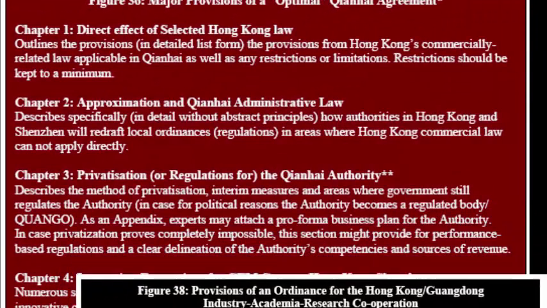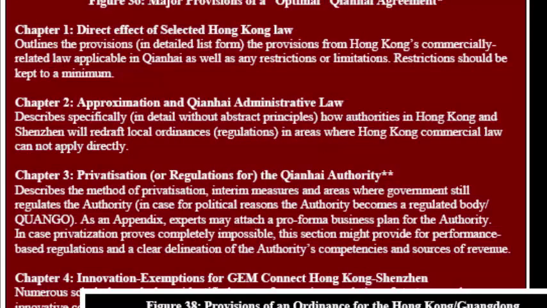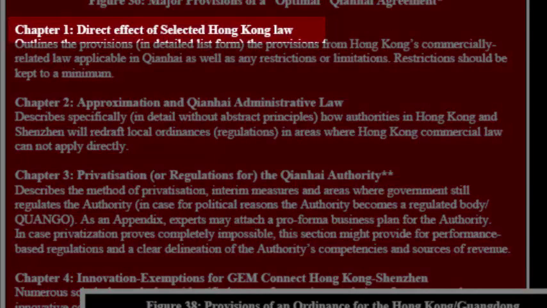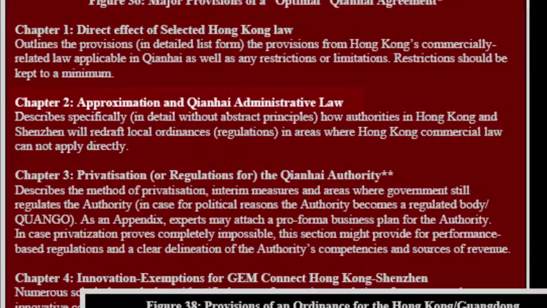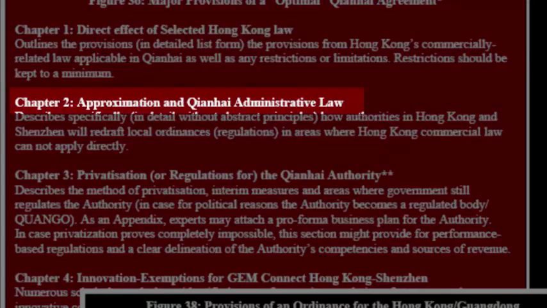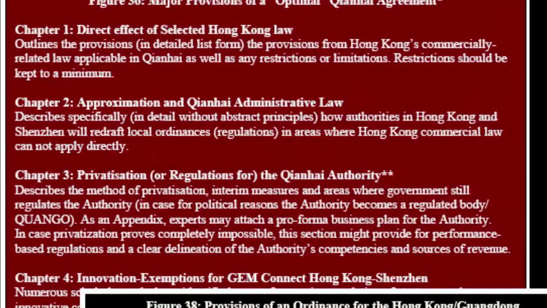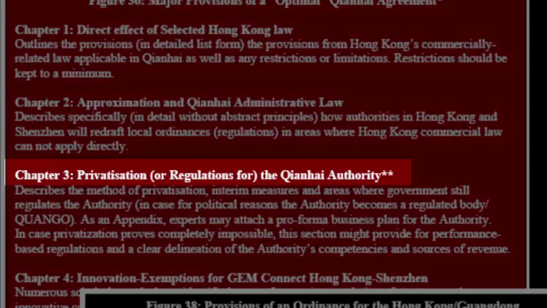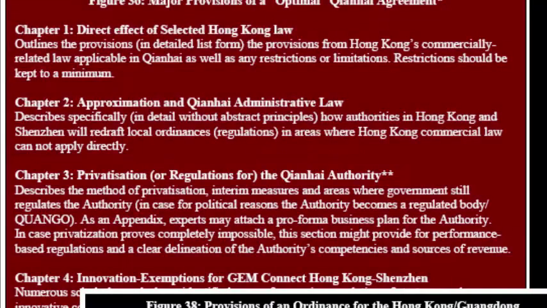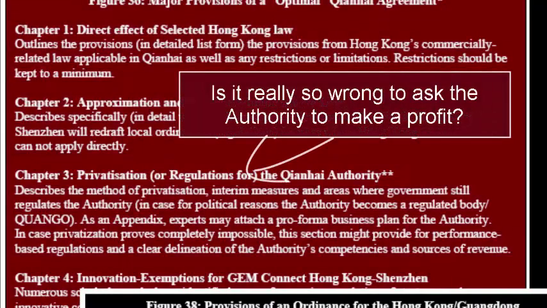As for the Qianhai Agreement, some bold ideas aimed at promoting profits in the region include giving direct effect to selected Hong Kong laws, approximating Qianhai's administrative laws to those laws in Hong Kong which clearly work, privatizing the Qianhai Authority, and if privatization is completely off the table for the Communist Party, then the regulations for the authority should be changed to require that the authority turns a profit.